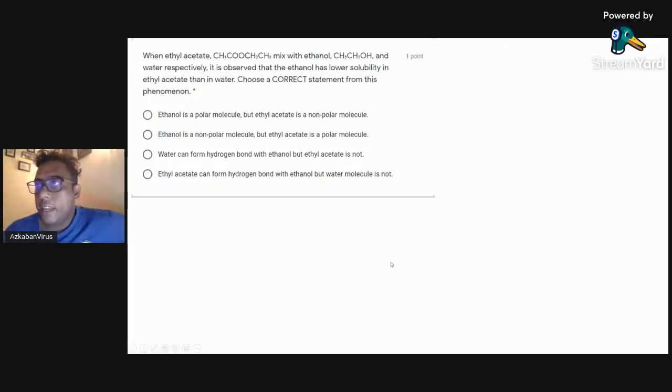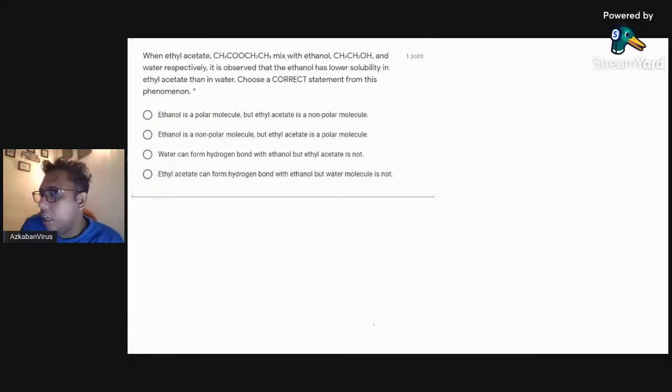When ethyl acetate mixed with ethanol, respectively, it observed that ethanol has lower solubility than ethyl acetate in water. Choose the correct statement. Simple saja.